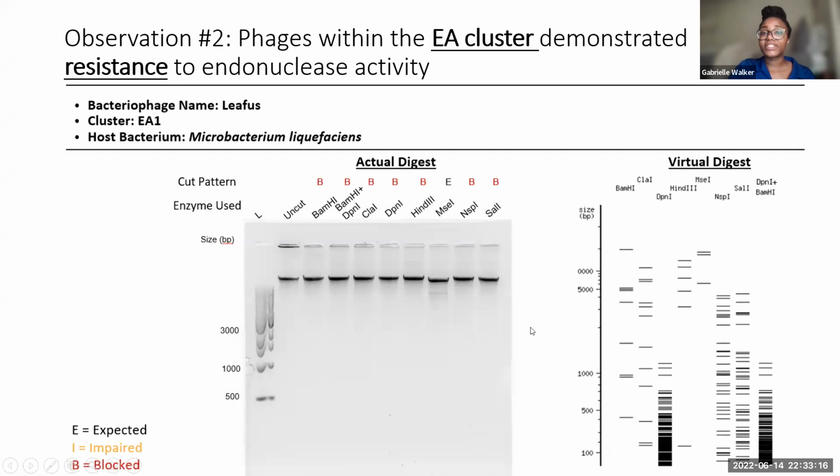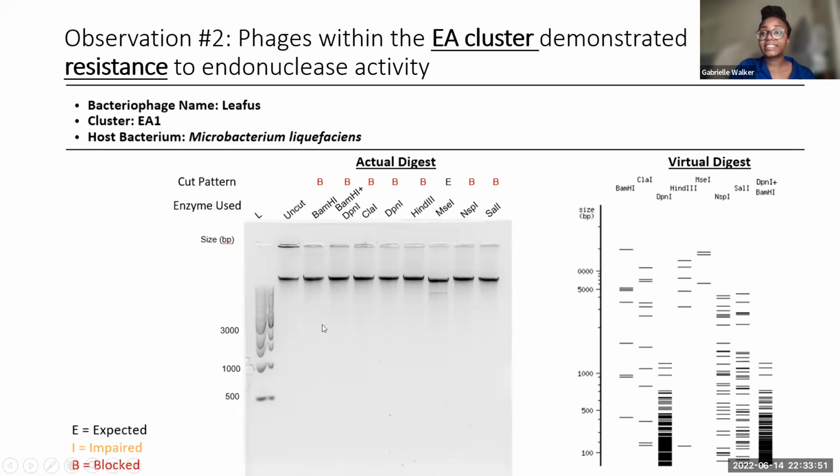Our second observation was that phages within the EA cluster demonstrated resistance to endonuclease activity. This is phage Liathus, a part of the EA cluster. Once again, we have our 1 kb ladder, our uncut lane, and our enzymes across the gel. When looking at the virtual digest, you see that each enzyme should have created a pattern. But when we look at the actual digest, you see all enzymes, except for MscI, reflected the uncut lane.